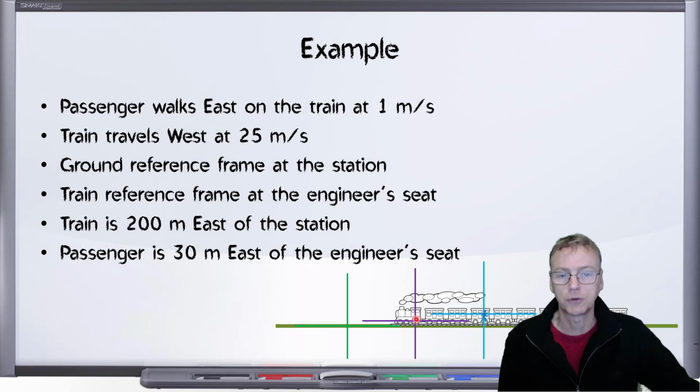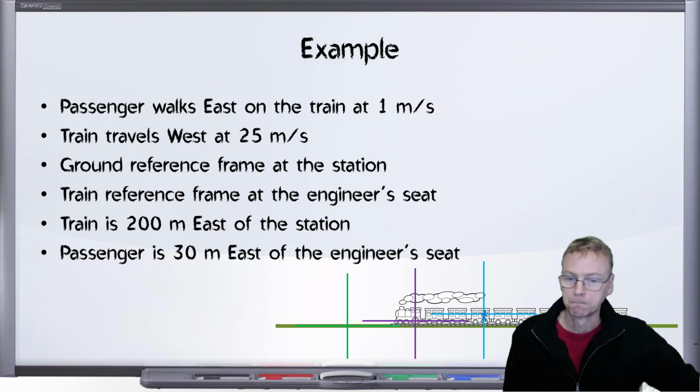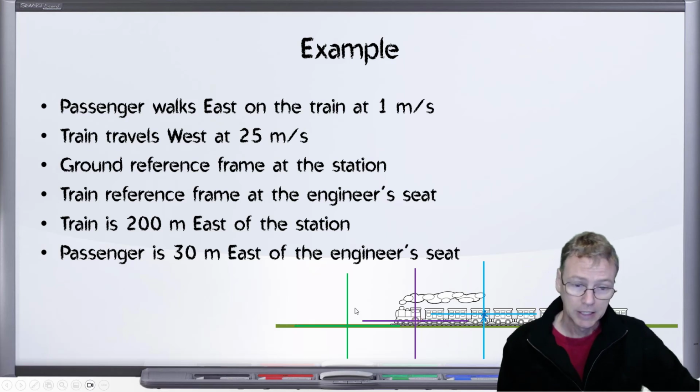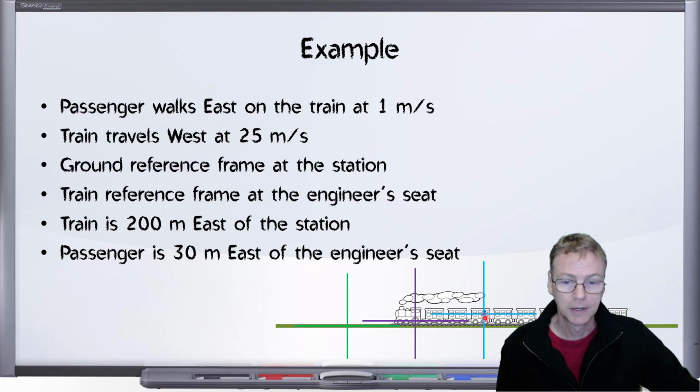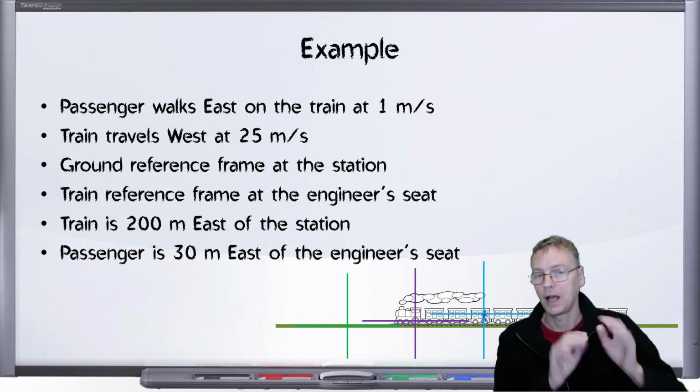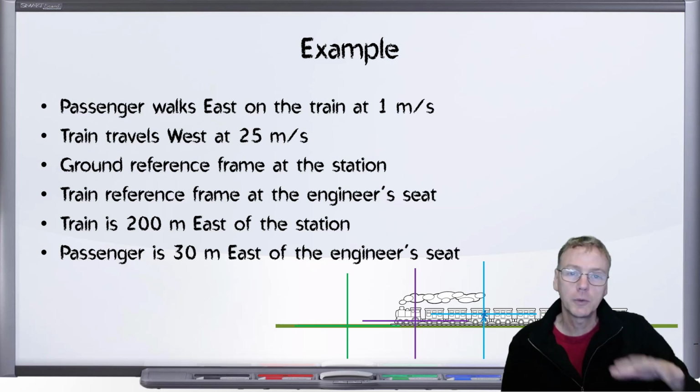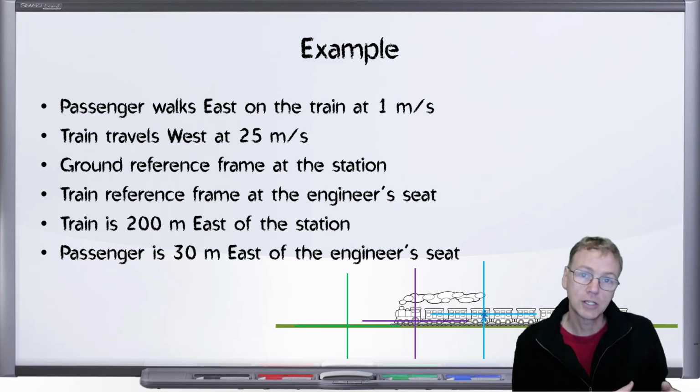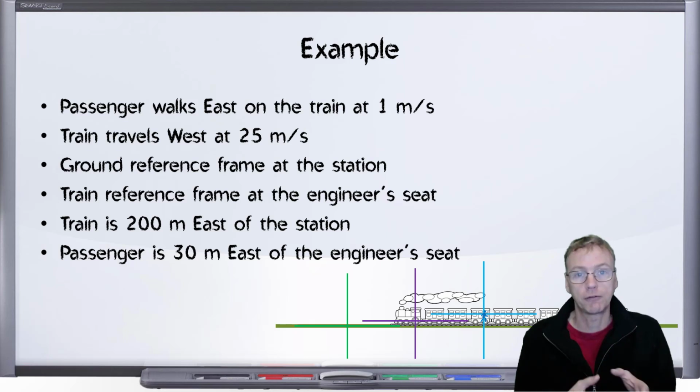Let's say that goes right through the engineer's seat. Okay, currently the train is 200 meters east of the station, and the passenger is currently, let's say, 30 meters east of the engineer's seat. Obviously not to scale.